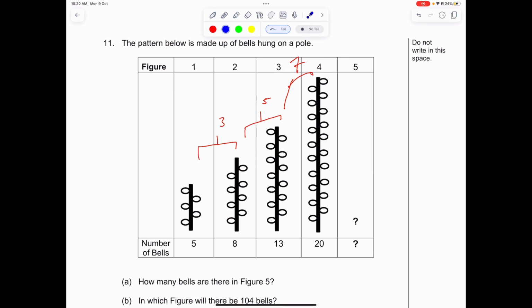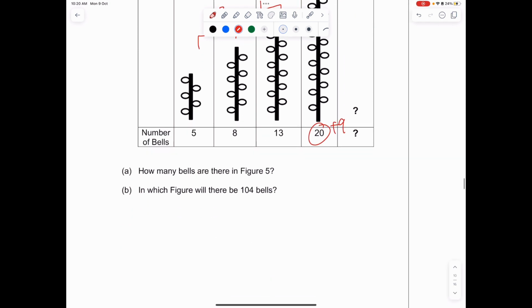Correct? So the next difference between here should be a 9. Correct? So therefore, if this is a 9, then your answer would simply be 20 plus 9. So A, 20 plus 9 equals 29.